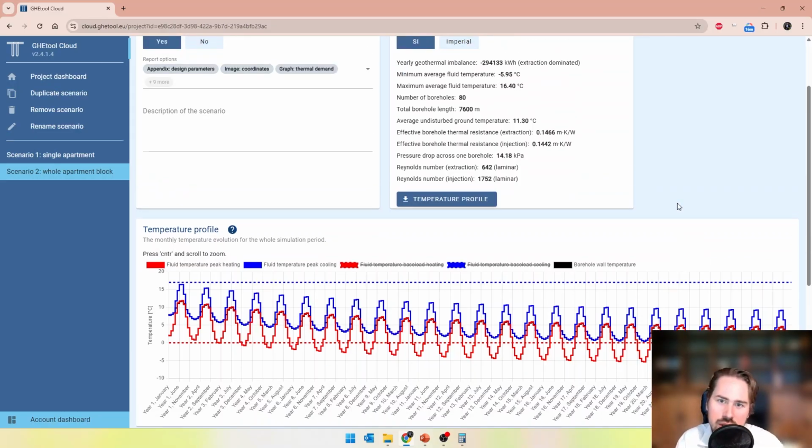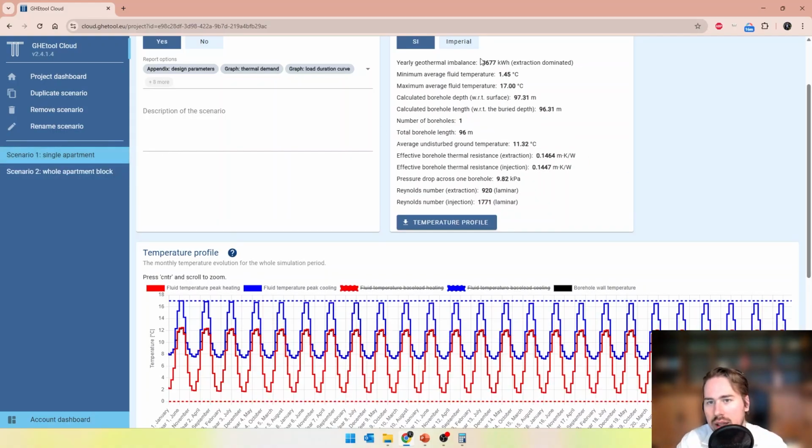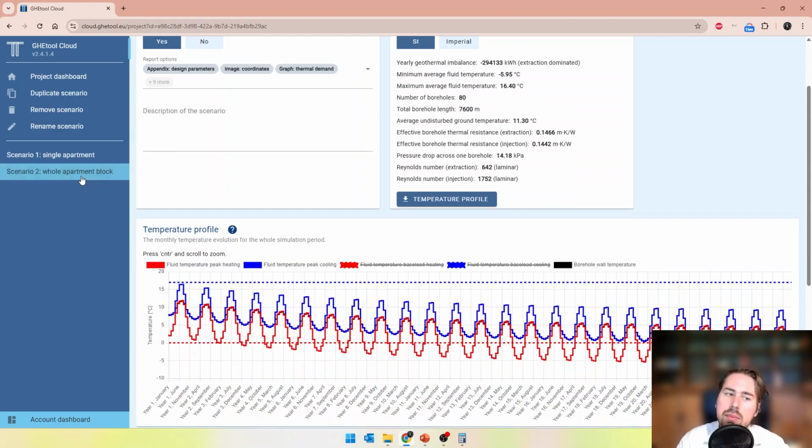All the 80 boreholes work together, and the imbalance, which is just 80 times the imbalance from before, which was not clearly visible, is way more significant when all these boreholes interact with each other. We started with 2.4 and ended with 1.45. So here we already learned an important lesson: we cannot simply take the borehole length from a single apartment and multiply it with 80. We will end up with a totally wrong design.